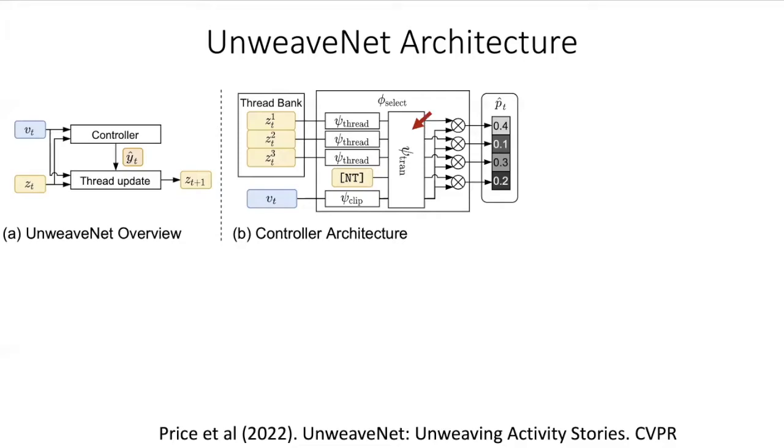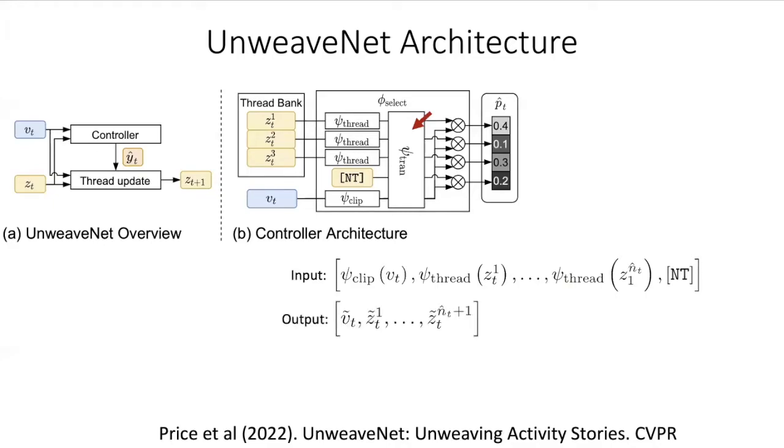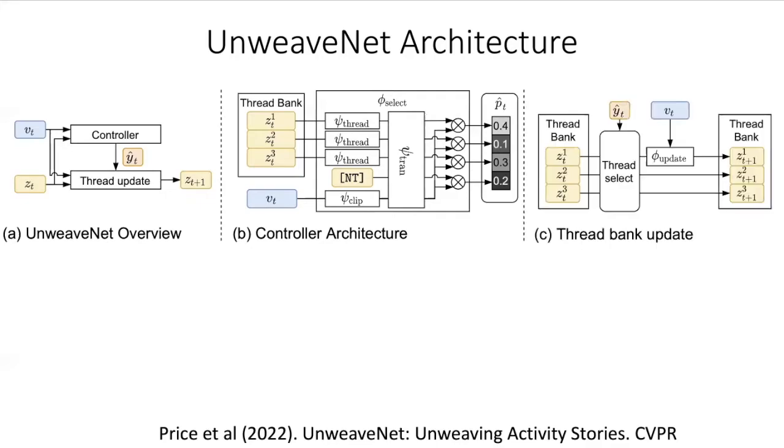The UnweaveNet transformer takes as input the embeddings of the current clip, all threads, and the new thread token. It outputs a corresponding sequence of contextualized vectors for both the clip and the threads. The contextualized clip is compared against all threads, resulting in the vector of logits. The relevant thread is accordingly updated.